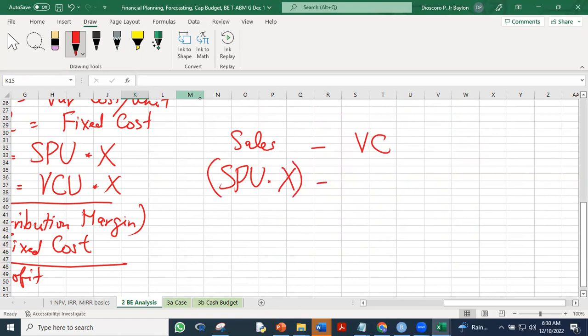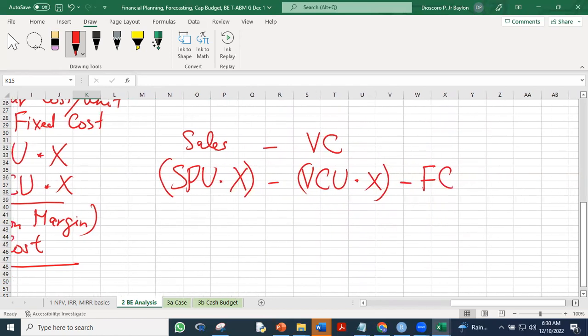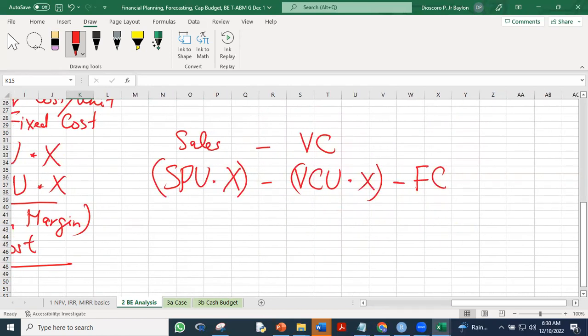So this is minus VCU multiplied by X. This is your contribution margin now. And then minus fixed costs. So this gives us now our net profit.